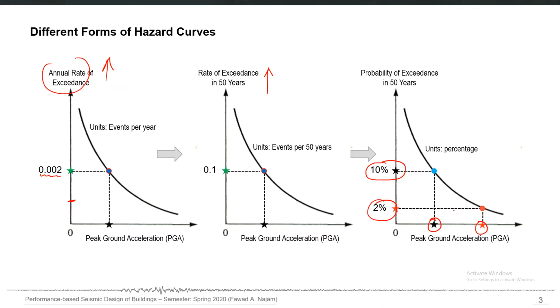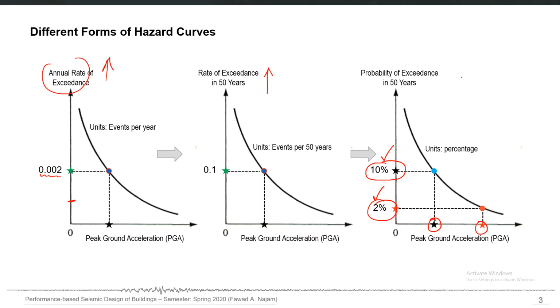So it is not one fixed PGA. Depending upon our requirement, we can pick the PGA value from this curve and use it for our purpose. An important point is that these two numbers, 10% in 50 years and 2% in 50 years, have a specific standard definition, and they are used in the seismic design and performance assessment of buildings in different building codes.